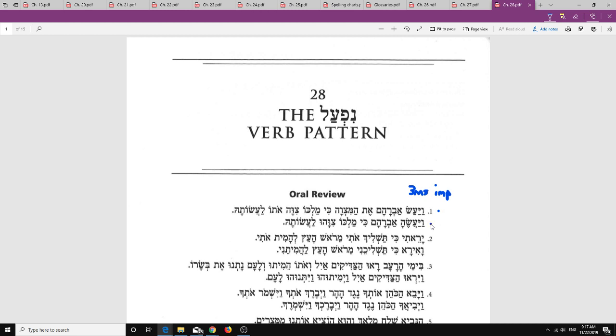Okay, second line. Again, we have our clipped form. You can see that this is going to be the same, except there is a hey qamets at the end. Now, this is a little tricky because we expect a hey to be here, right, with asa already, and we might not recognize that this is a clipped form, except that this qamets would not be here at the end.